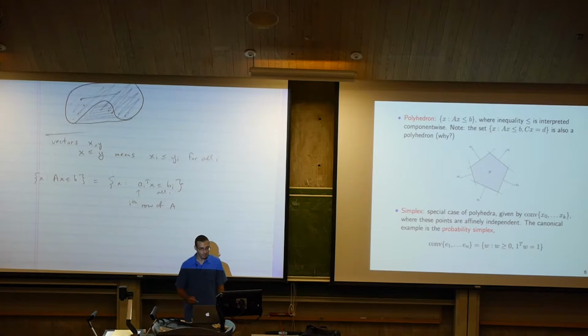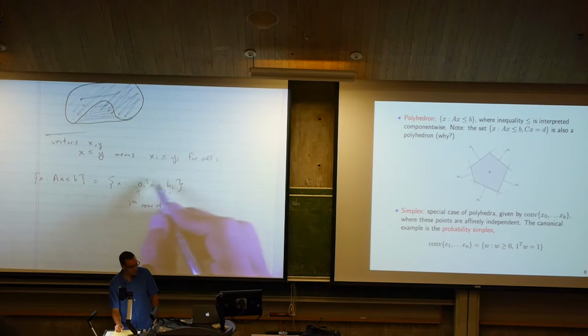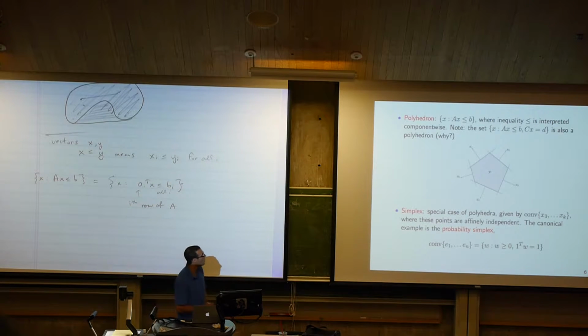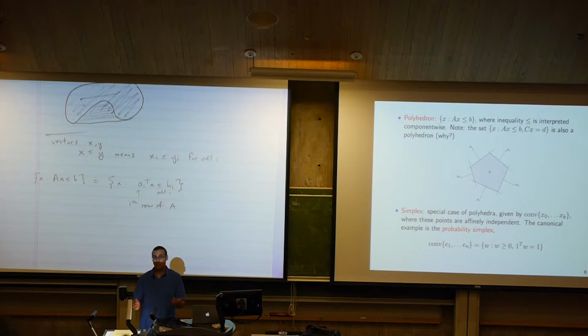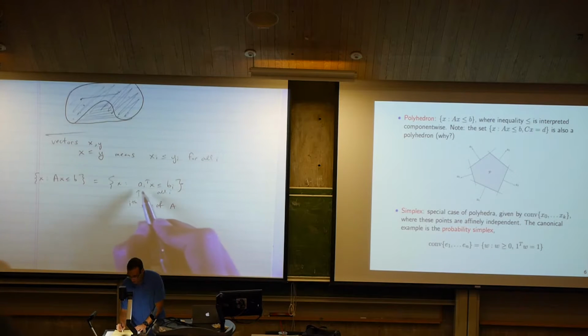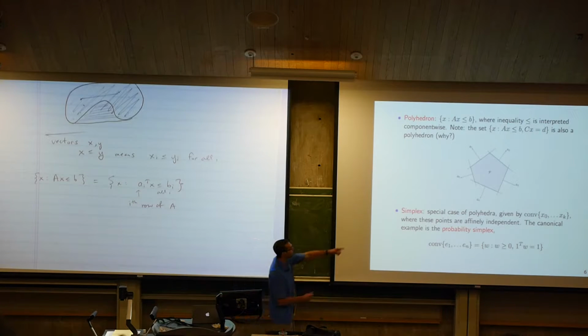That's another way to write it. So I have a bunch of linear inequalities, one for every row of A, and a polyhedron is essentially the set of x that satisfy all of them. So you can think of it as an intersection of half spaces, right? This is one half space for one i. If I require this to hold for, let's say, 10 i's, if I have a matrix with 10 rows, then it's an intersection of 10 half spaces. So that's one way to think about it.